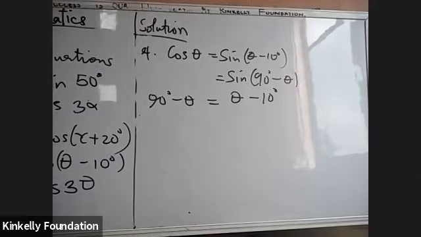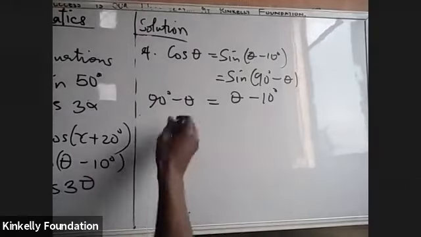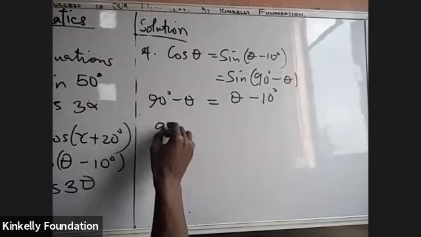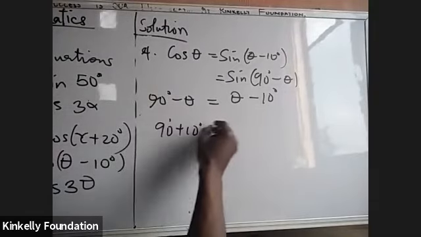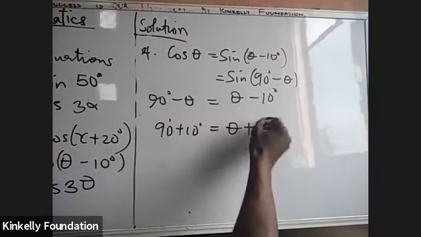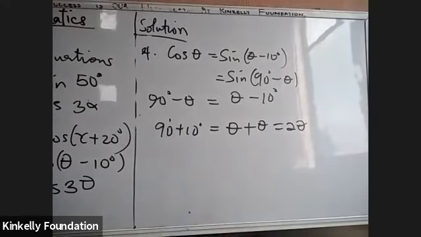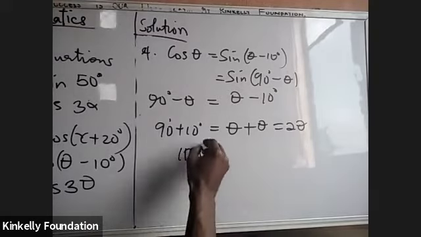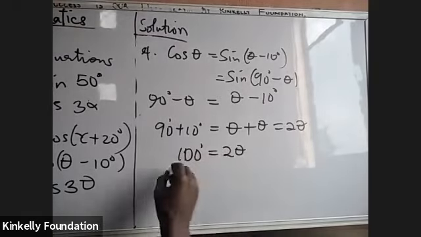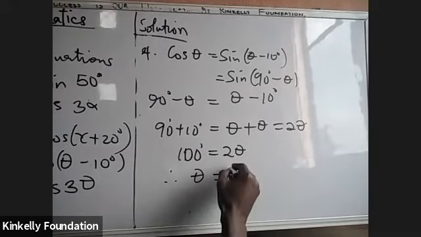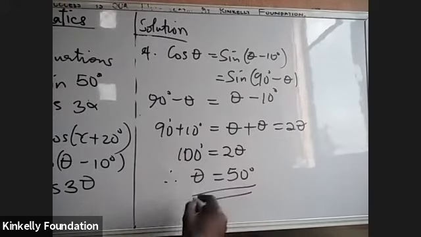Collecting like terms, 90 plus 10, all in degrees, is equal to theta plus theta, which gives us 2 theta. Now we have 100 degrees equal to 2 theta. Therefore, theta is now equal to 50 degrees.